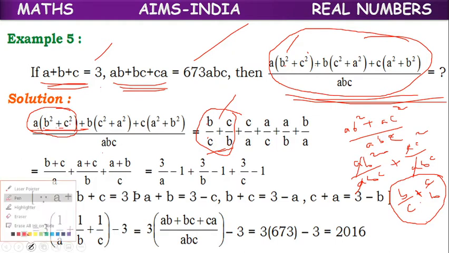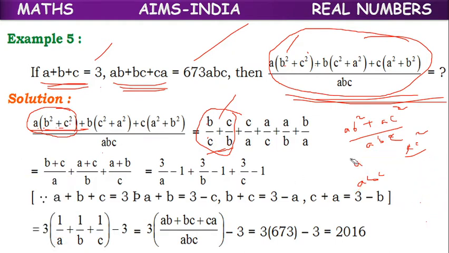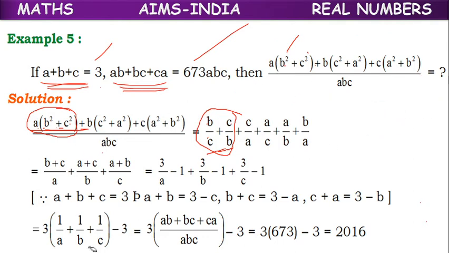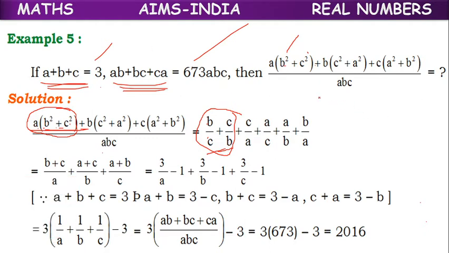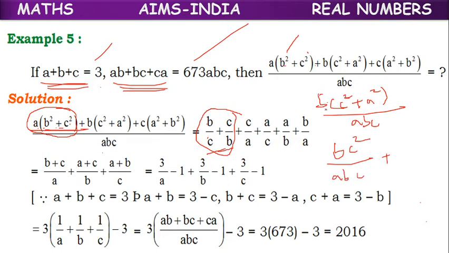In the same way, second part. What is second part, children? b into c square plus a square by abc. bc square by abc plus ba square by abc.